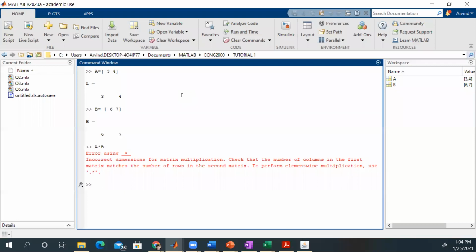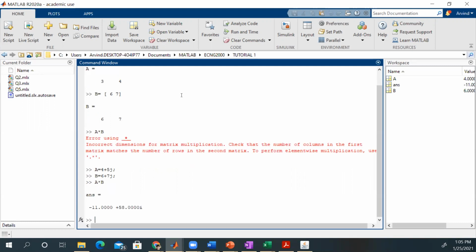If you multiply matrices, you have to have the rows and columns lining up so that you could do the matrix multiplication, or you have to use something like the dot product or the cross product. These are specific types of matrix operations of multiplication. But if A was equal to 4 plus 5j, and B is equal to 6 plus 7j, which are phasors, complex numbers are phasors, then I can certainly multiply those two and get an answer. So this is really where the difference is.